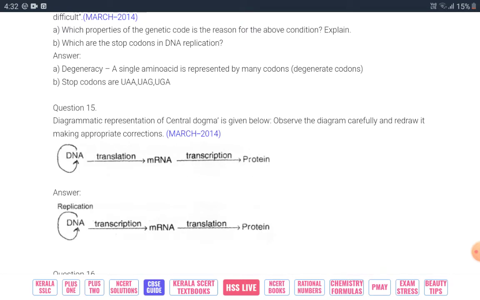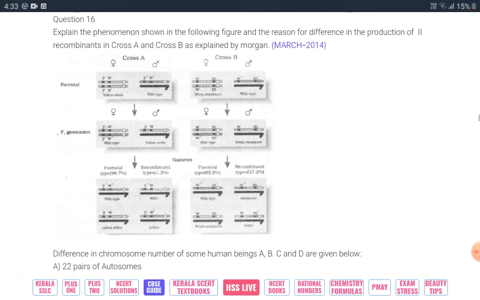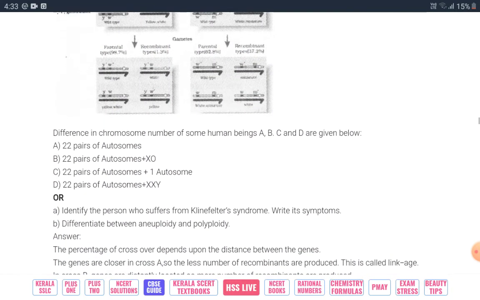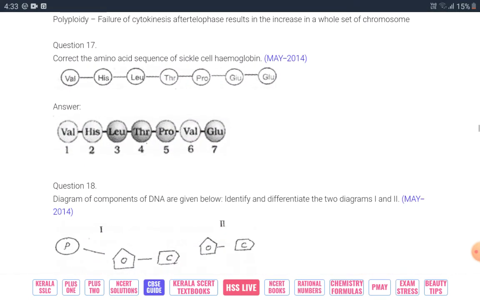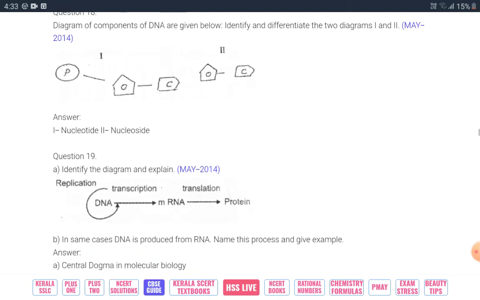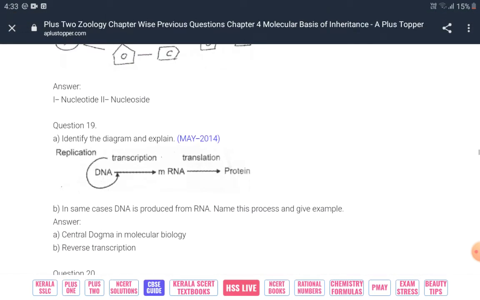It is there on page number 98. In that it is given DNA, mRNA: DNA to mRNA, mRNA to protein. Then identify the diagram and explain.